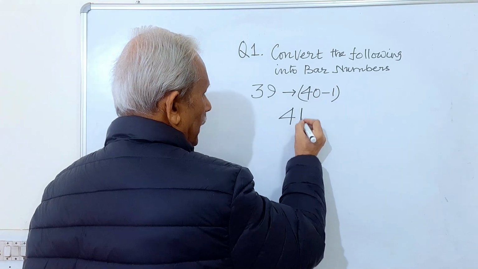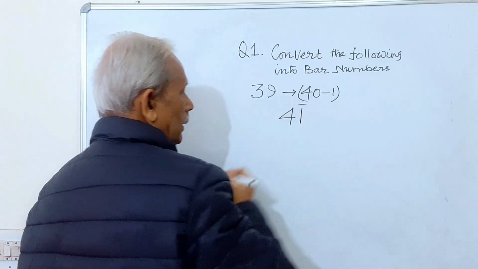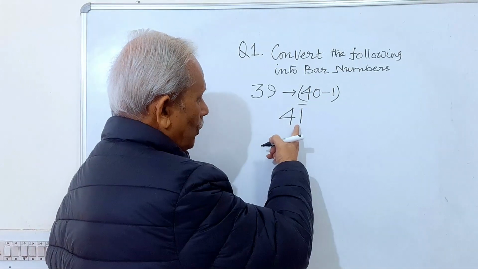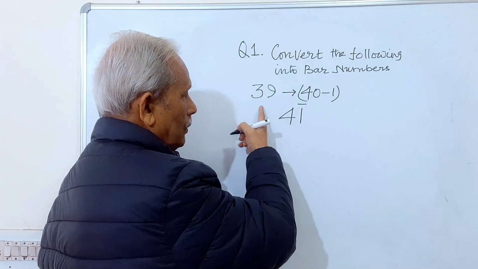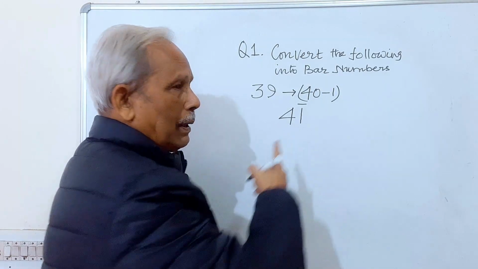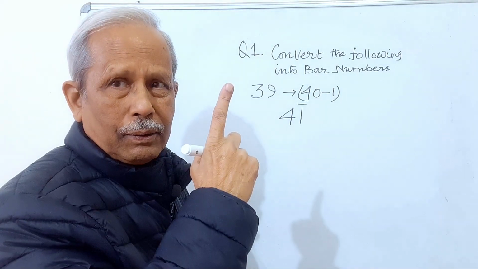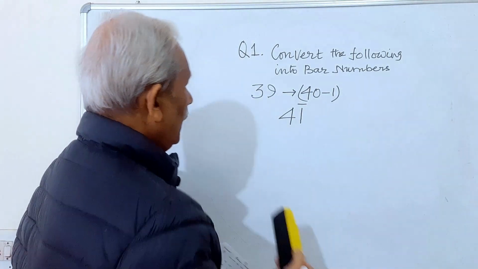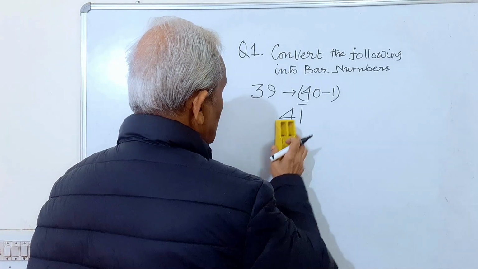We put this negative number with a bar. Here 1 bar means minus 1. So it actually means 40 minus 1, and that is equal to 39. So I have converted this 39 into a bar number, 4, 1 bar. 4, 1 bar, right? Well, let us do the next question.